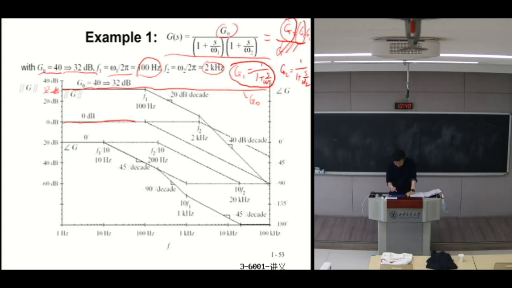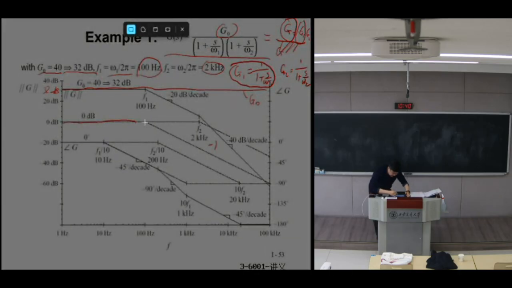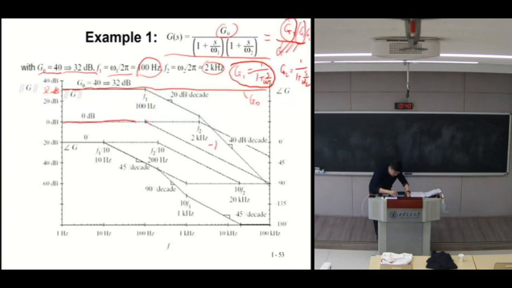The high frequency section has a -1 slope. And the intersection point is exactly at f1, 100 hertz. So this is the G1 Bode plot.